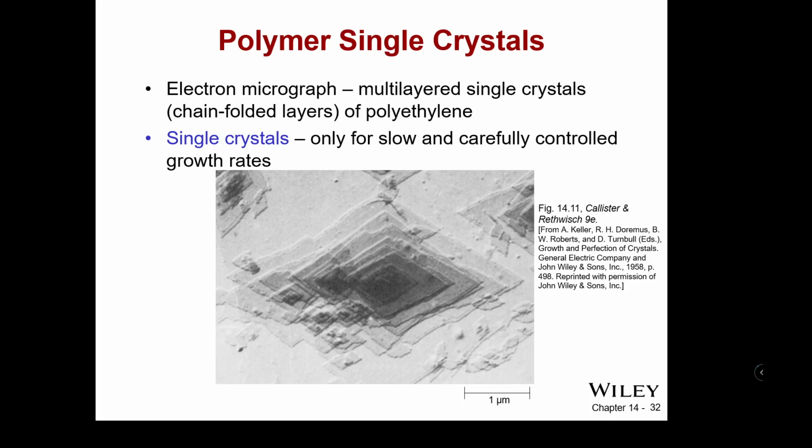There are single crystals that have been imaged. So this is a multiple layer single crystal that's chain folded layers of polyethylene. And the single crystals are only possible in very, very tightly controlled growth circumstances, but it is possible.